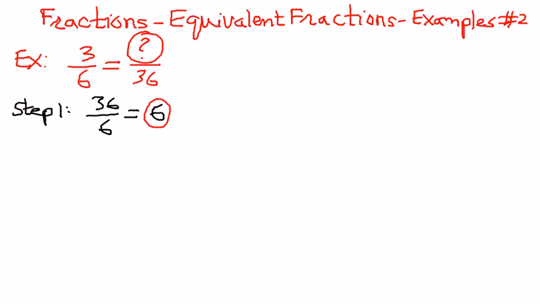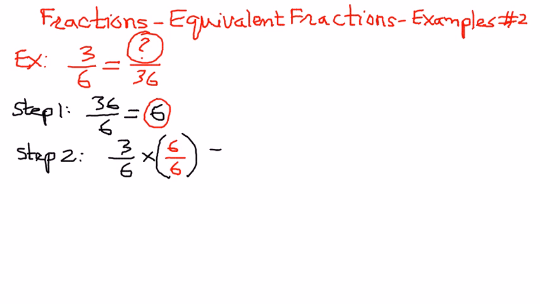So as a second step, we're going to multiply and divide by the number which we've obtained, 6, with the given fraction. The fraction we have is 3/6, and we're going to multiply and divide by the number which we just obtained, which is 6.